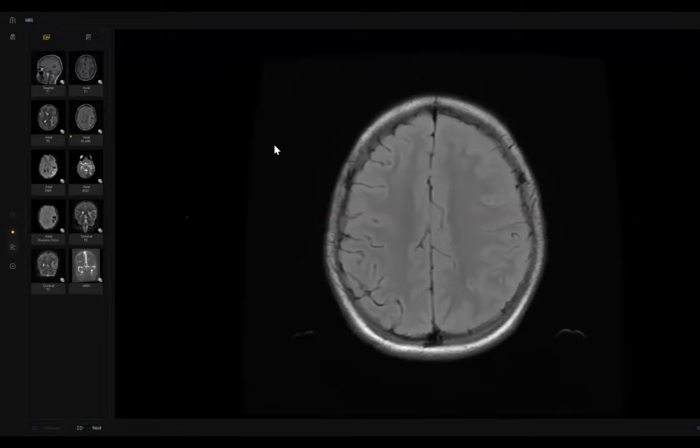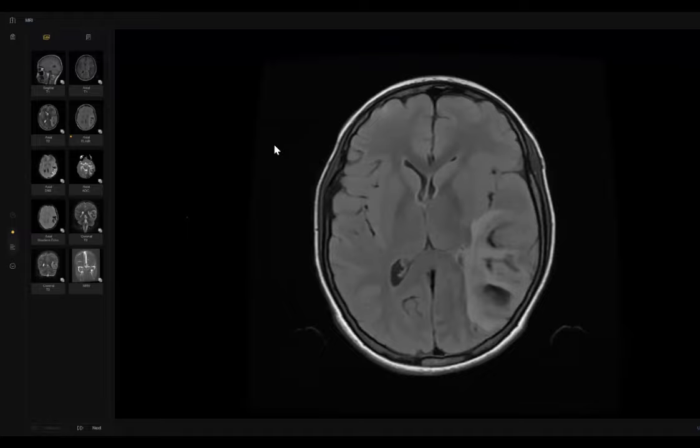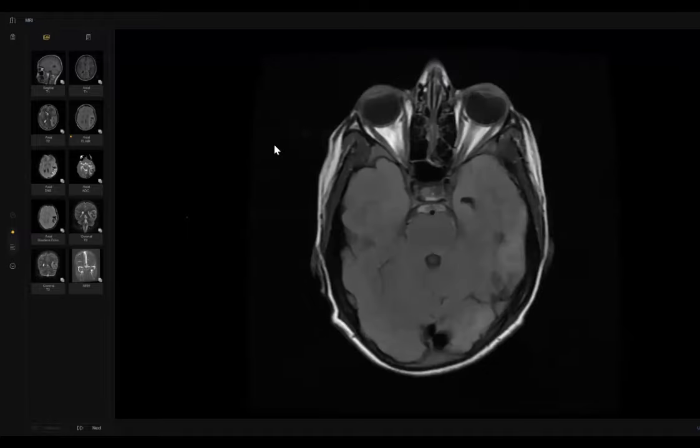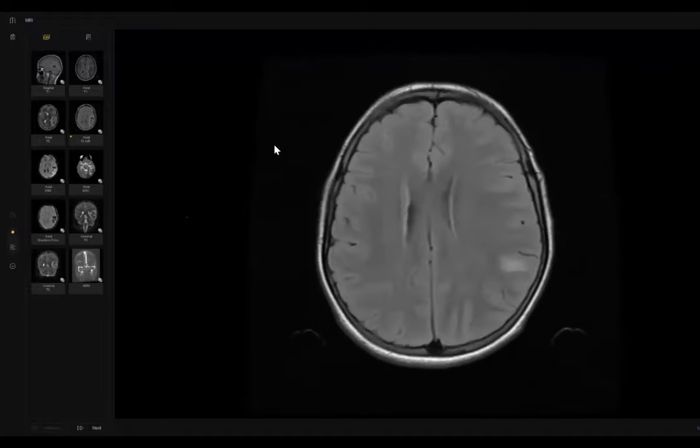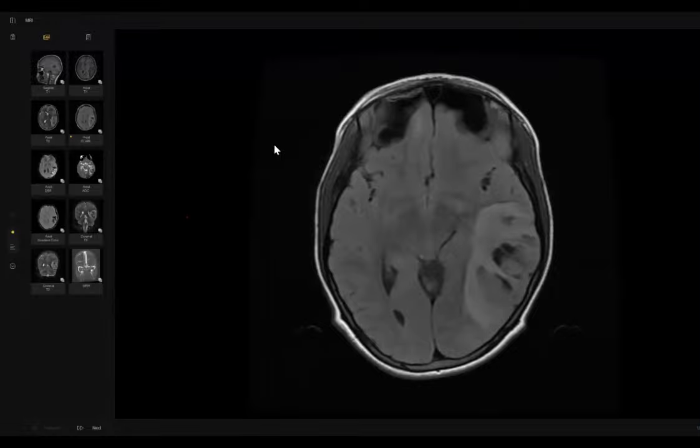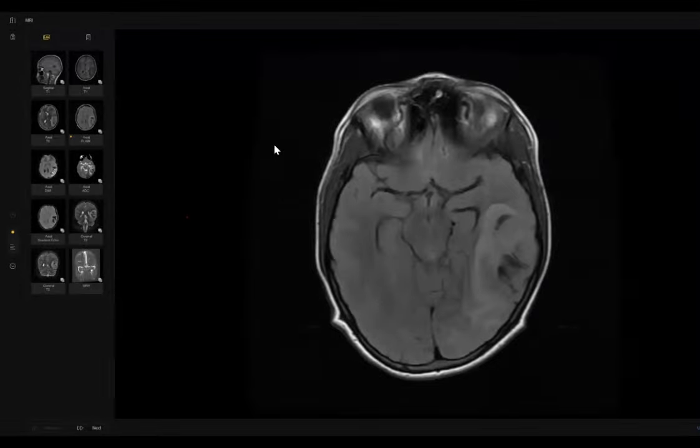Can I look at the T2 just to see if there is any mismatch of the signal intensities? I just want to compare the signal on T2 and FLAIR. This is the last one.